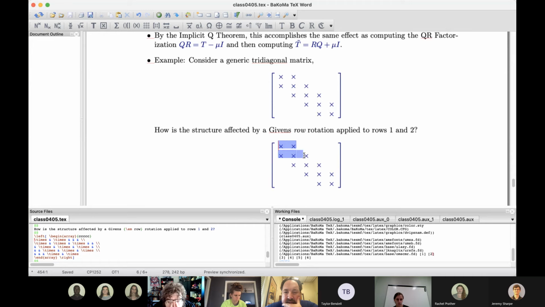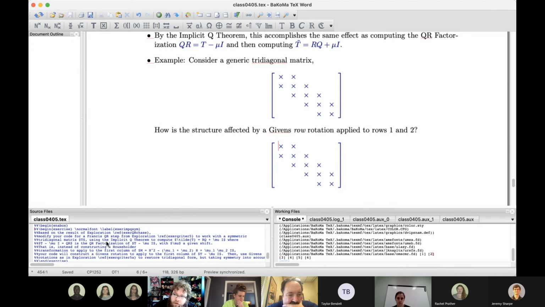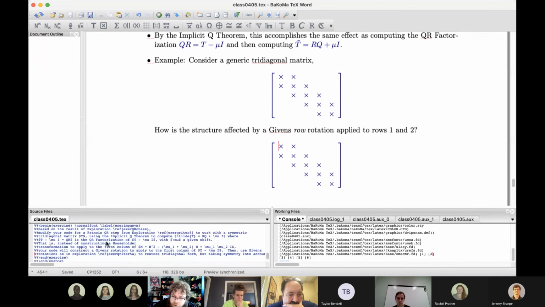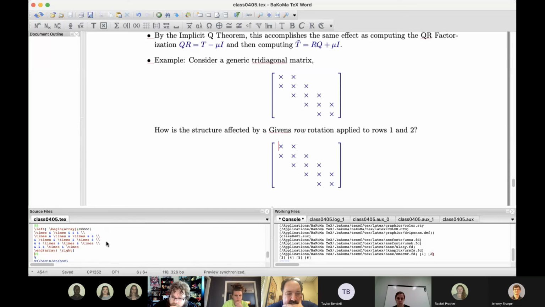So everything is happening up here. What entry that was 0 before could become non-zero because of this rotation of these two rows? Would it be the one in the 1-3 position?